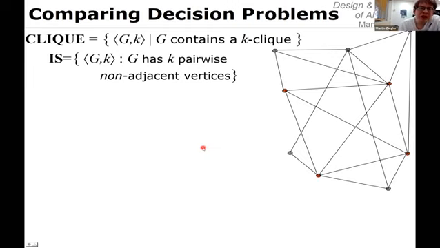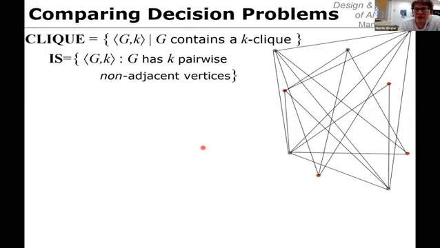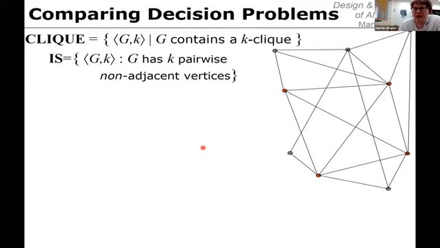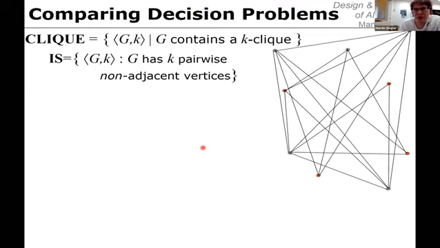And our observation is that whenever there's an independent set of size k in this graph, then the complement graph has a clique of the same size k. And vice versa, if this graph has a clique of size k, like in the example, the four red vertices, then the original graph has an independent set of size k, namely the very same vertices.